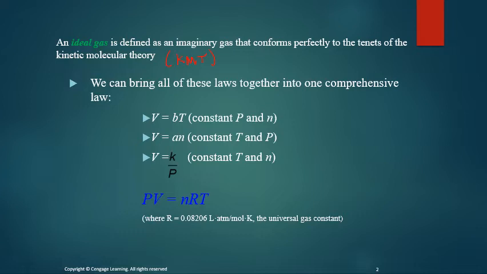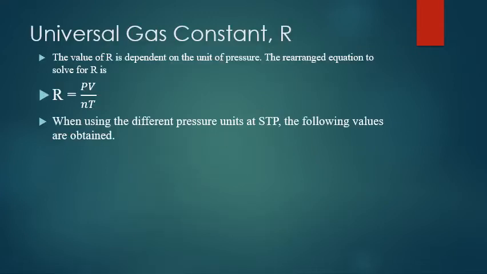When we combine all of these relationships into one equation, we get the PV equals nRT equation. The R is what we call the universal gas constant, and we will look further in just a minute about the different values that we can have for R in these problems.